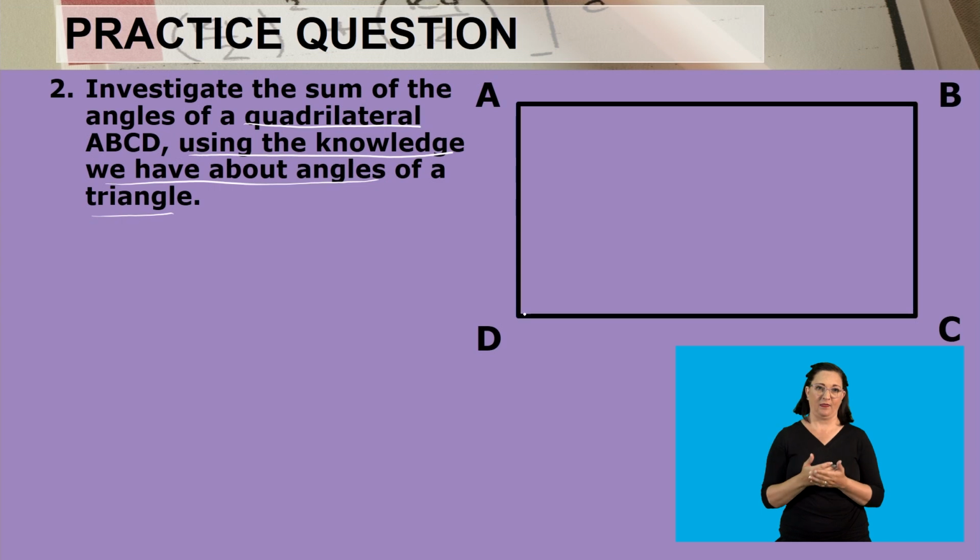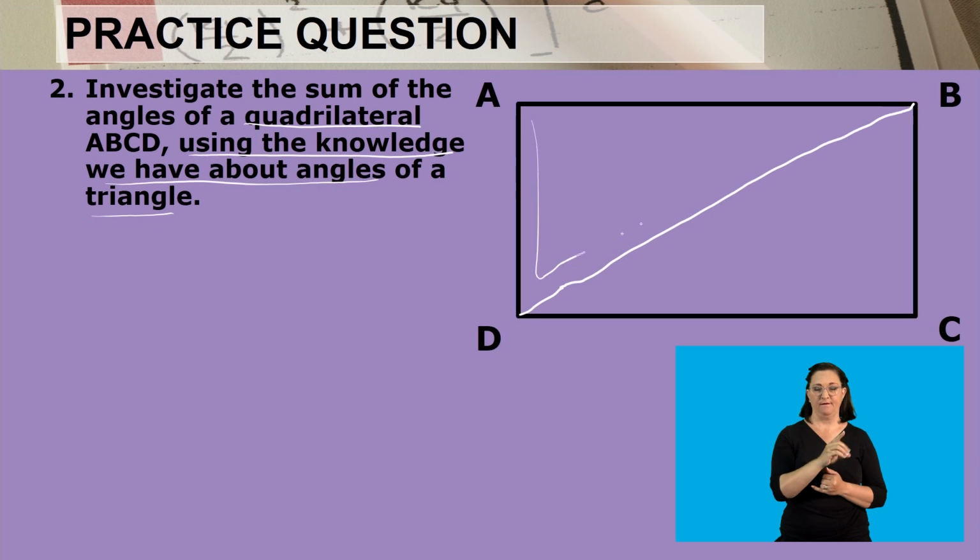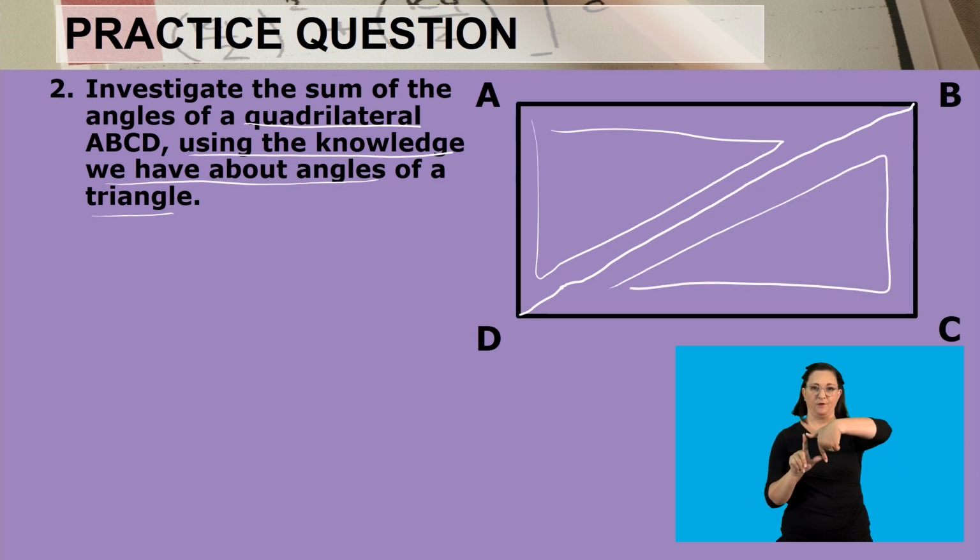But if we draw a diagonal line from B to D, that means we now have triangle ABD, the top one here, and we have a triangle at the bottom, BCD. So we've got 2 triangles joined together. What we know is the first triangle, the sum of the angles equals 180, and the next one also equals 180.